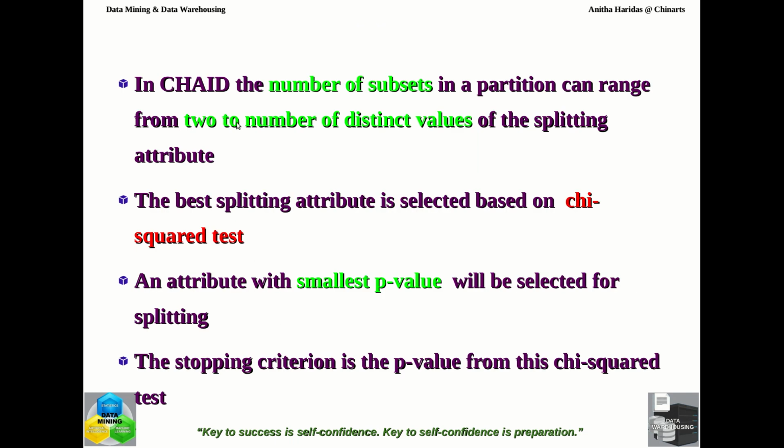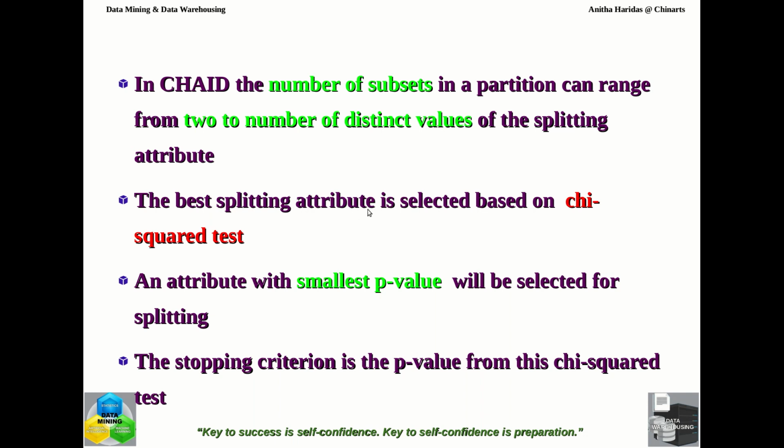And in CHAID, the number of subsets in a partition can range from 2, that means it can have a binary tree or it can have multi-way trees also. That is why it says the number of subsets in an attribute partition can range from 2 subsets to the number of distinct values of the splitting attribute.